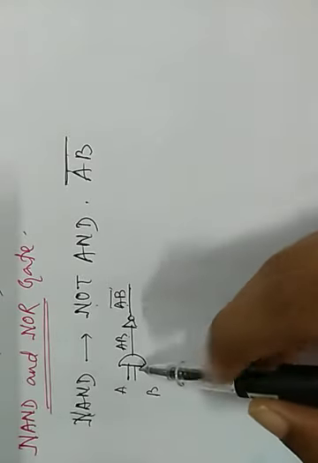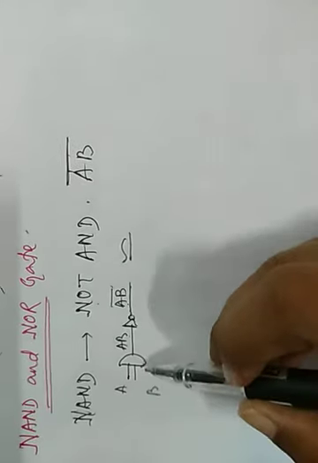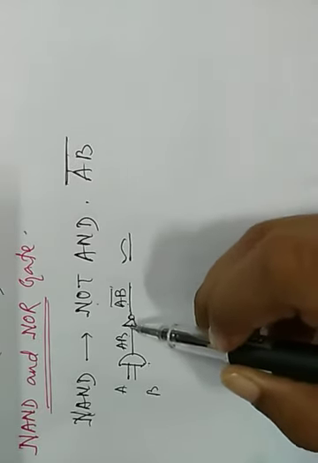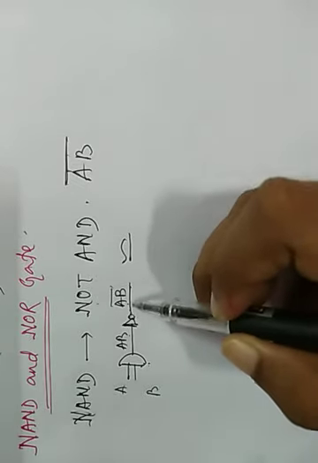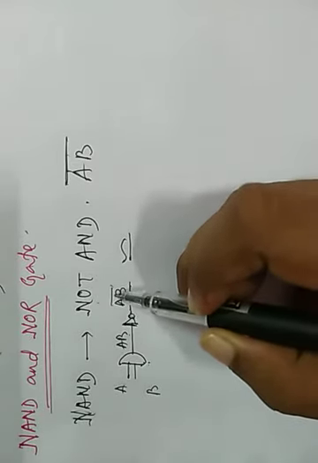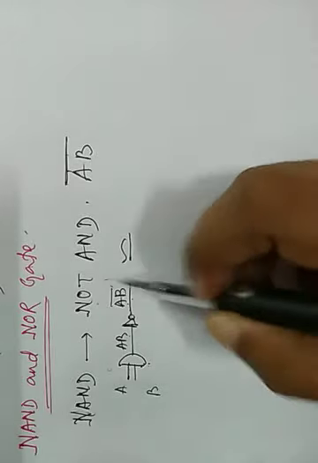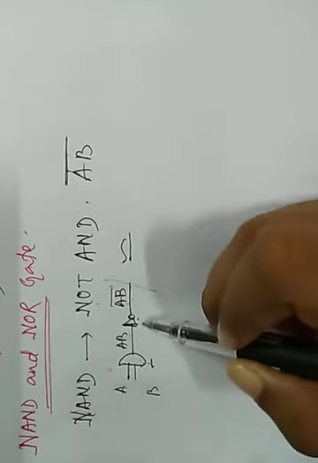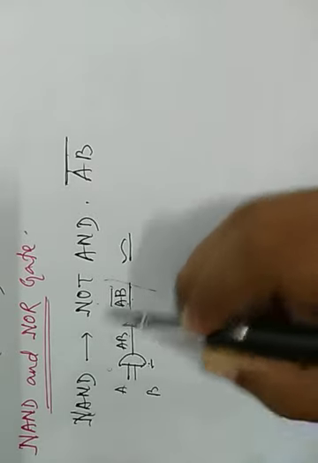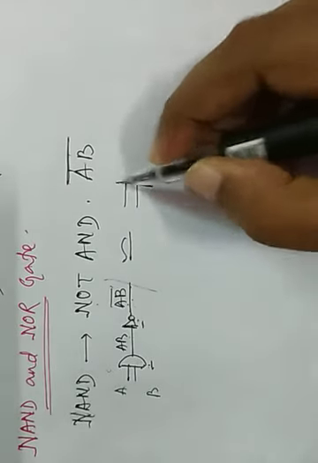Okay, so this circuit, that is the AND gate, if we add one NOT gate at the output of an AND gate, we get the complemented AND value. This circuit consists of two basic gates, one is the AND gate and one is the NOT gate. By combining these two gates, we get one NAND gate.